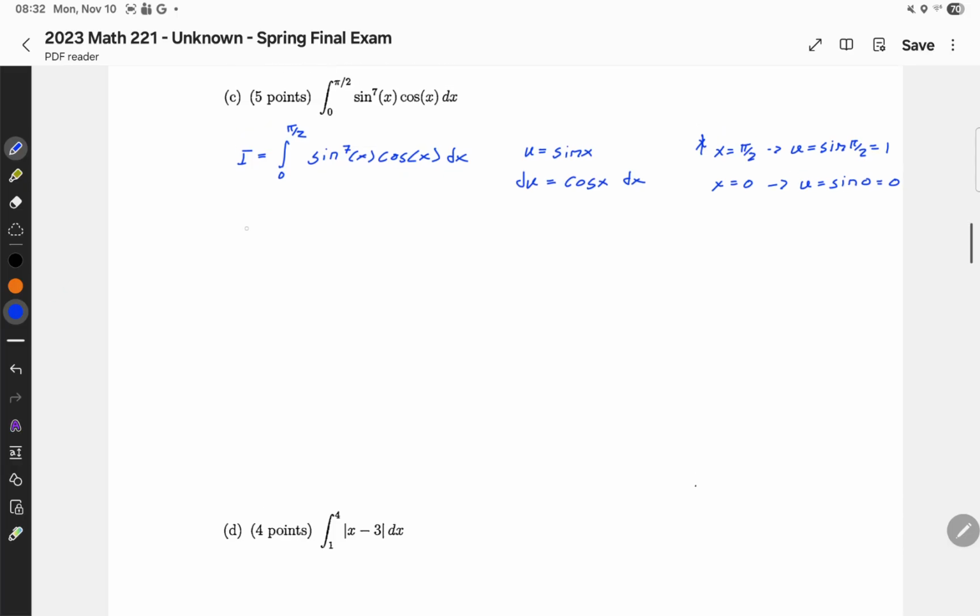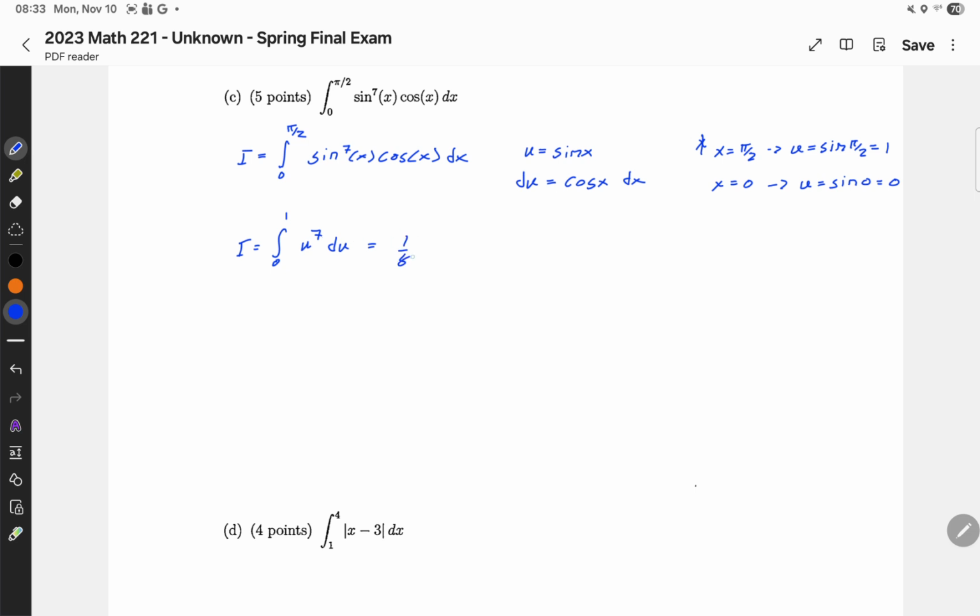All right, so now we have that I is equal to the integral from 0 to 1 of sine to the 7th x. Well, that's just going to be u to the 7th now, right? And cosine x dx, well, that's just going to be du. And we can already integrate. This is going to be 7 plus 1 is 8.